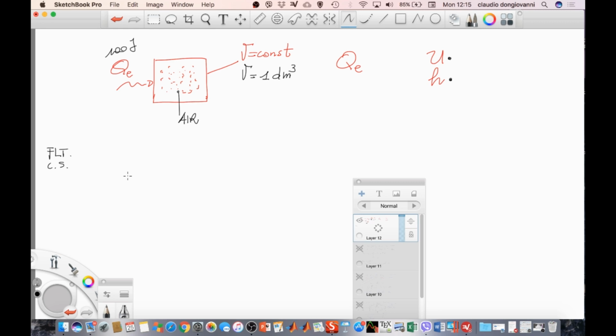Q. So in this case, we have to work because we're assuming that our system is at constant volume. Okay, so let me write the other relationship.